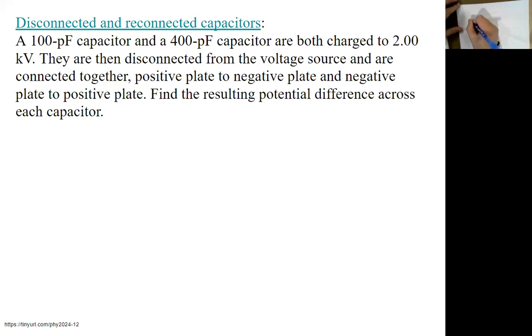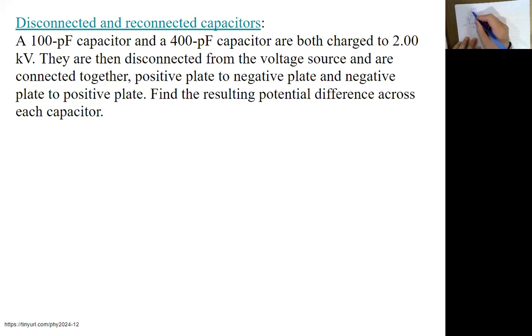There's a 100 picofarad capacitor, and a 400 picofarad capacitor. You can imagine that across these two terminals you apply a potential of 2.0 kilovolts.